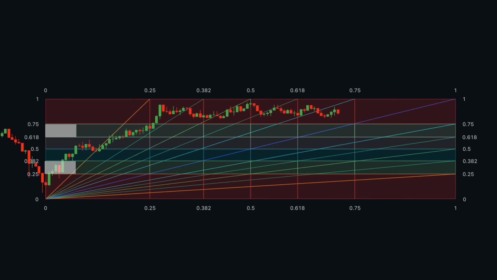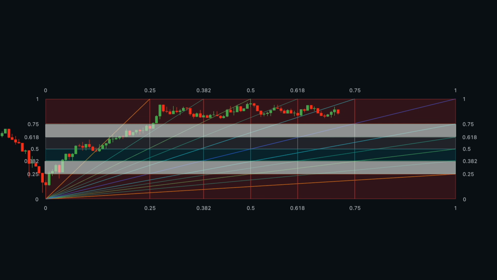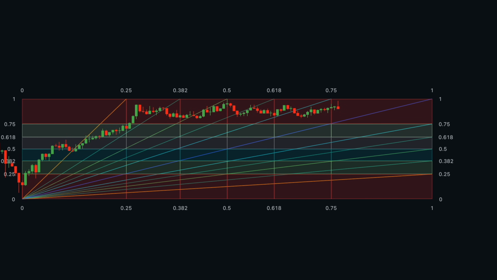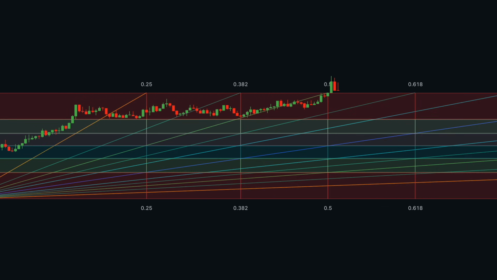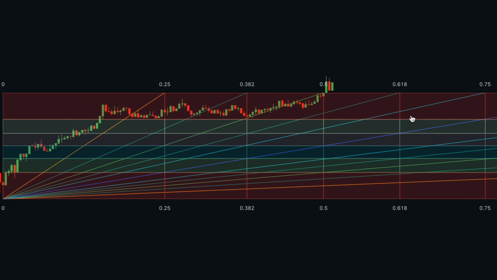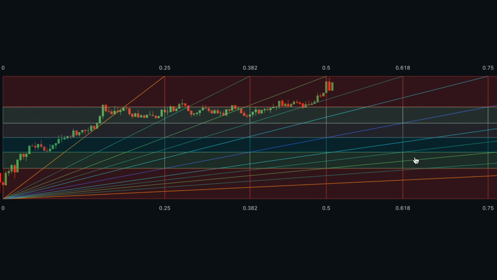This indicator helps traders identify potential support and resistance levels and forecast future price movements. Gann used angles and various geometric constructions to divide time and price into proportionate parts. Gann indicators are often used to predict areas of support and resistance, key tops and bottoms, and future price moves.